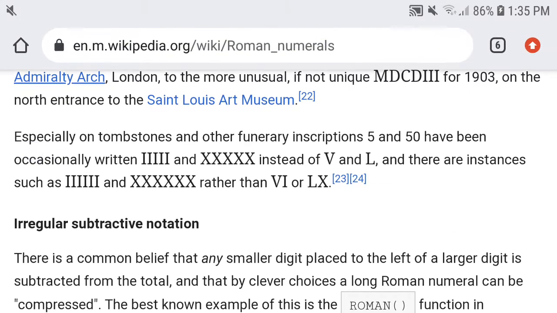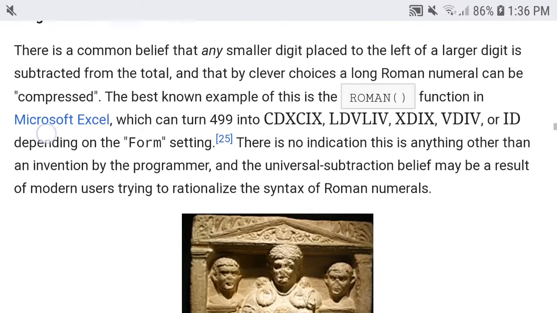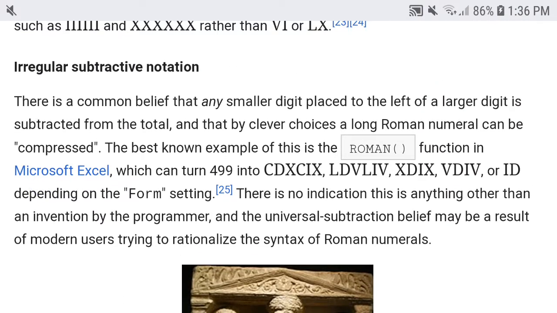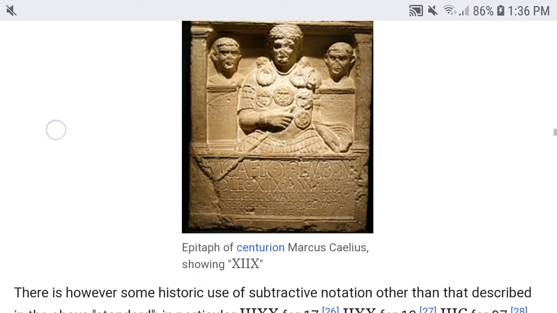Especially on tombstones or other funerary inscriptions, 5 and 50 occasionally being 4 I's and then 5 I's and 5 X's instead of V and L. Okay, interesting. Irregular subtractive notation. It's just another one of these.